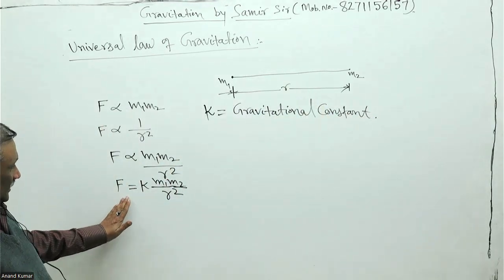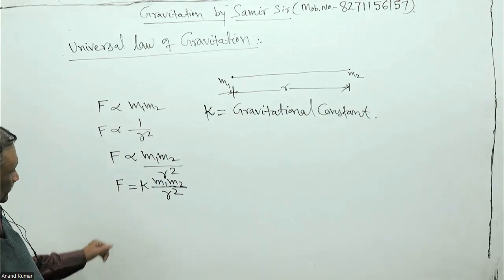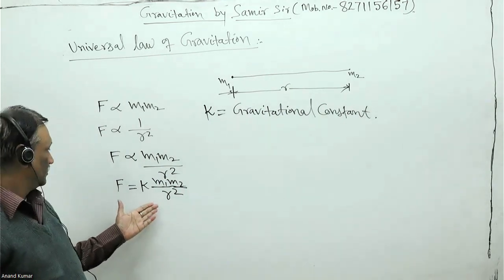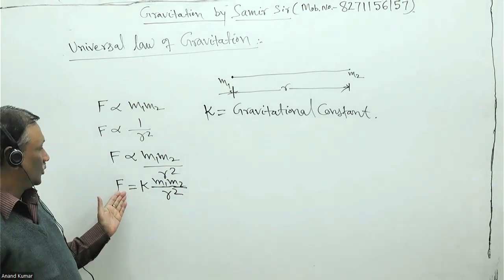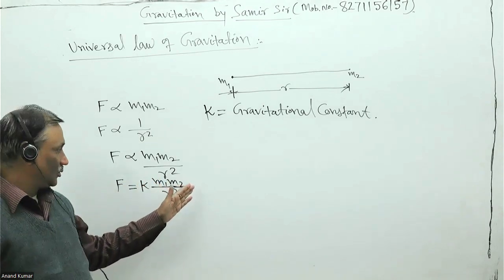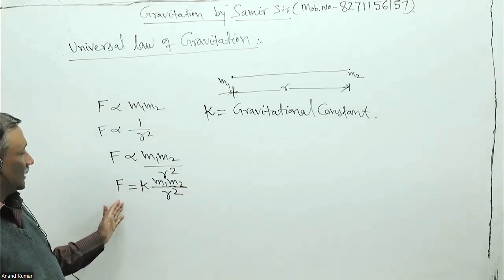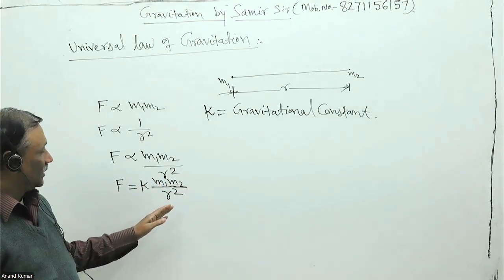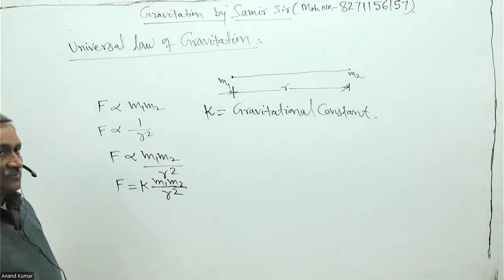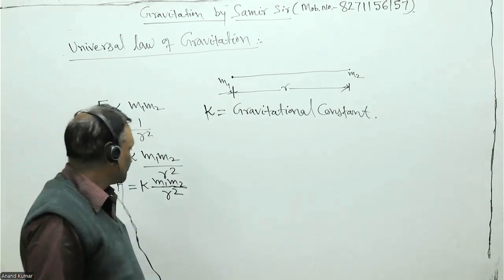Here force is directly proportional to the product of their masses and inversely proportional to the square of the distance between them. What is the conclusion here?